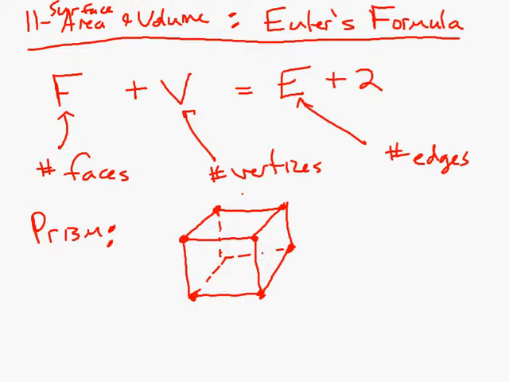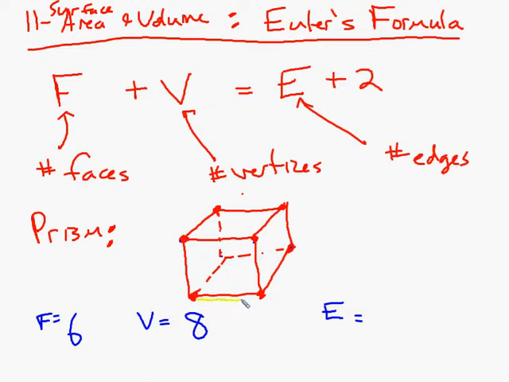So let's verify this formula. How many faces do I have on this cube? 6. So F is 6. Now how many vertices do I have? Well, I have 1, 2, 3, 4, 5, 6, 7, 8. I have 8 vertices. How many edges do I have? Let's go through each of the edges and I'll draw them in yellow so it doesn't show up too bad.